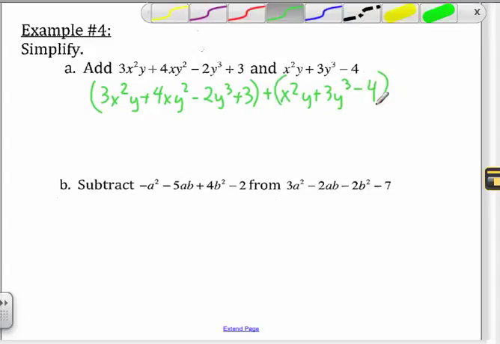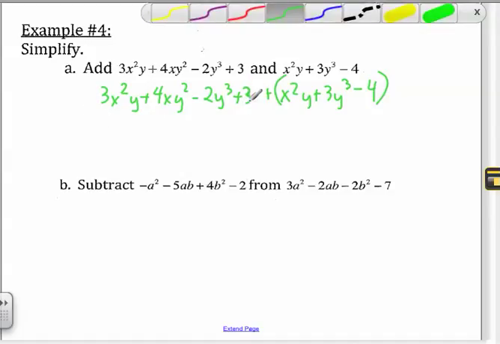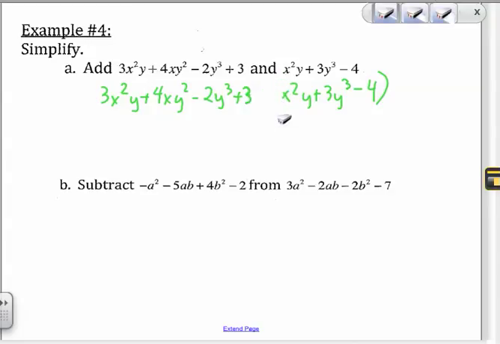Okay, now I'm putting those in parentheses because these are two separate polynomials that they want us to put together. But since I'm adding, it really doesn't matter when I take away the parentheses here. Let me rewrite that so it looks a little better. All the signs stay the same, and since I'm adding, that's true for the second polynomial as well. I'm just combining like terms.